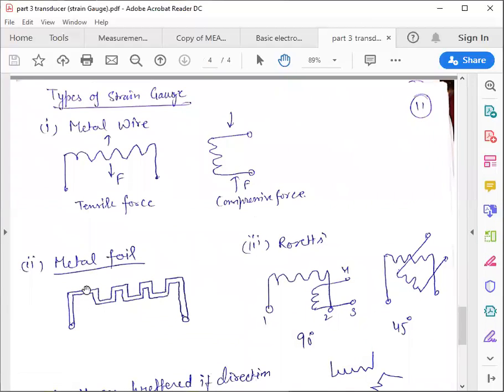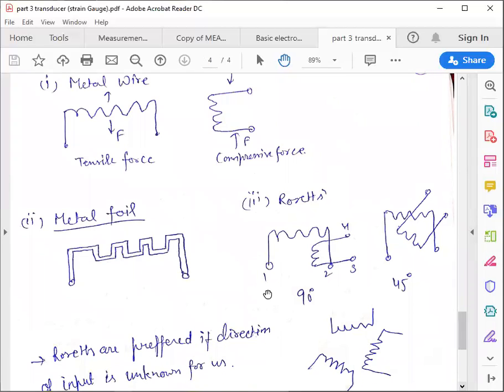In metal foil we have a foil like this structure, and we apply force on this foil. In Rosette type we have different arrangements, 90-degree arrangement, 45-degree and 60-degree. This Rosette type is useful when we don't know the direction of the applied strain or force.